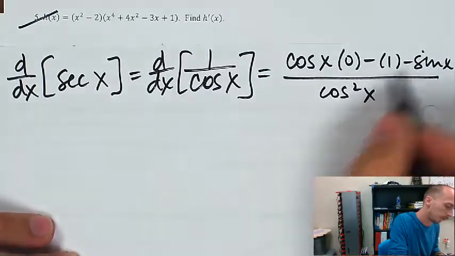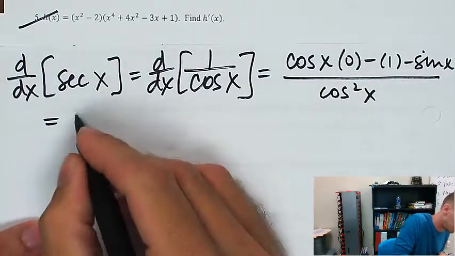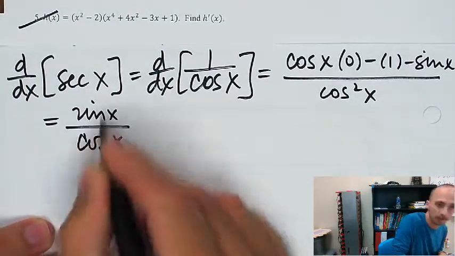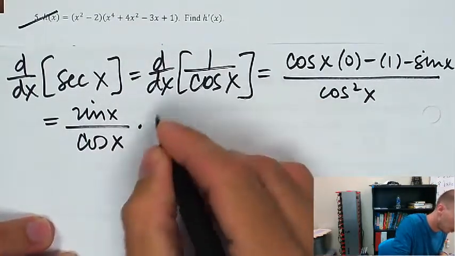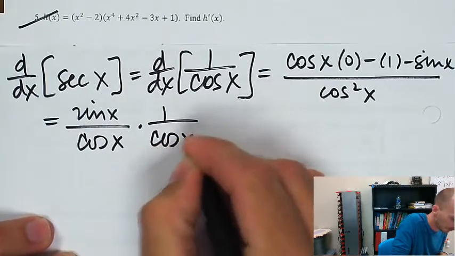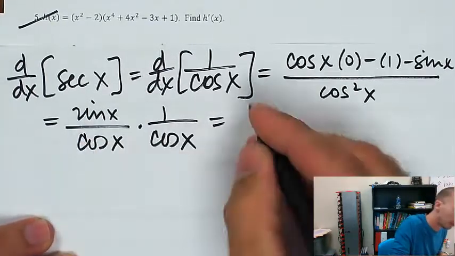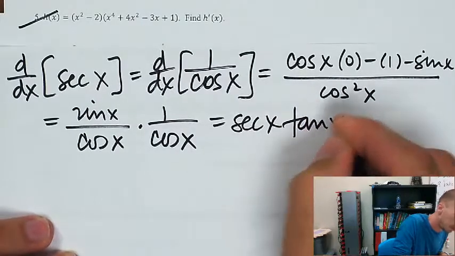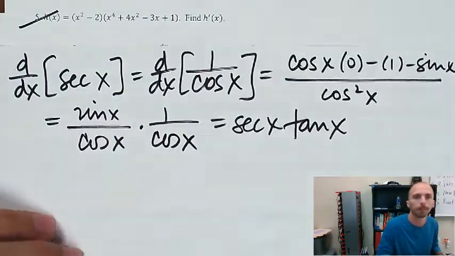Okay, so that's positive sine x over cosine squared x. Sine x over cosine x, that's going to be tangent. I'm going to have an extra power of cosine down here, that's secant. So it's secant x tangent x that is the derivative of secant.